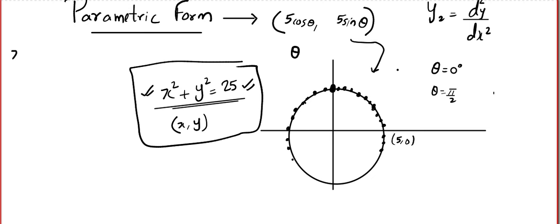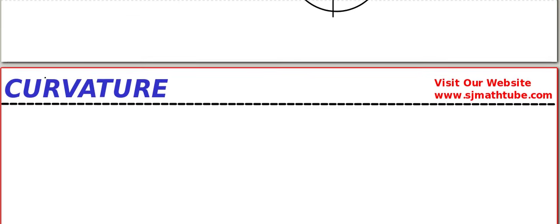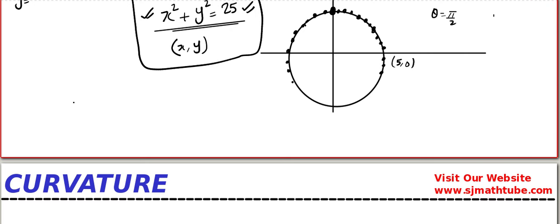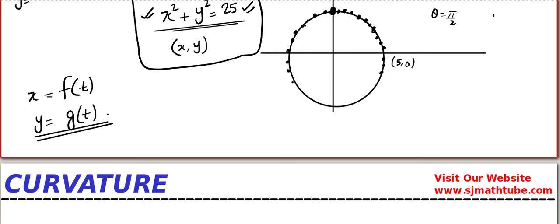So parametric form actually generates all the points in a system. Remember, a parametric form will always be like x is a function of maybe theta or maybe t or maybe u, and y is another function in t.